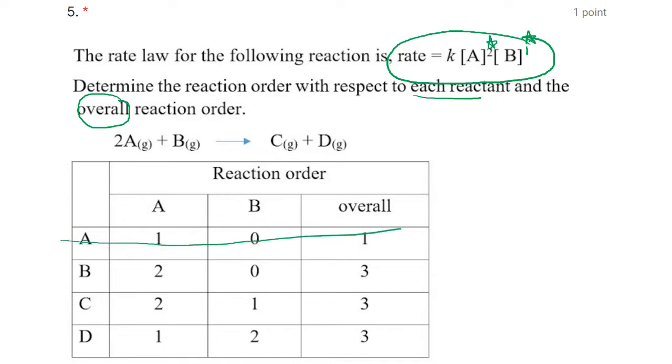So option A and D will be out. And then for reactant B, the order of reaction is 1. Okay, so how to get the overall reaction order? We just total up the order for A and also the order for B, which is equal to 3, third order. So the answer is C.